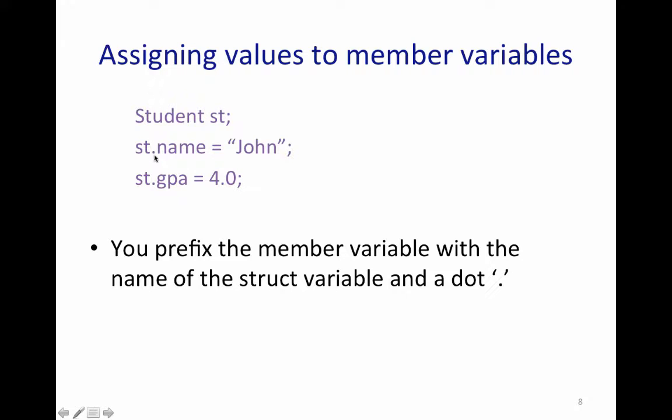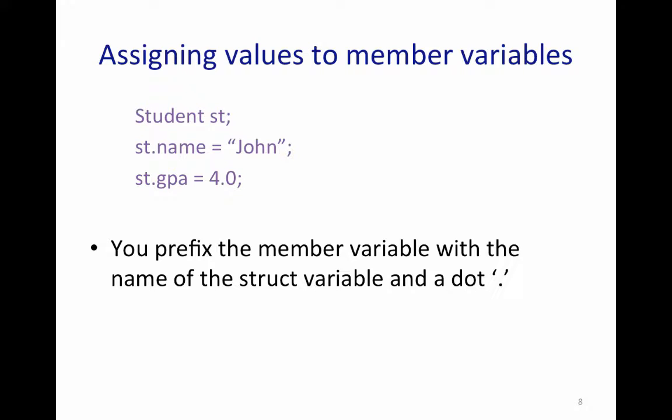And we need a delimiter to indicate where the struct variable name stops and the member variable name starts. So in this case, we use a period. So it's st.name equals John. And if we want to assign to the GPA, it's st.gpa equals 4.0. So prefix the member variable name with the name of the struct variable and a dot.